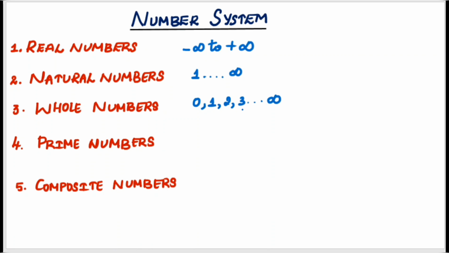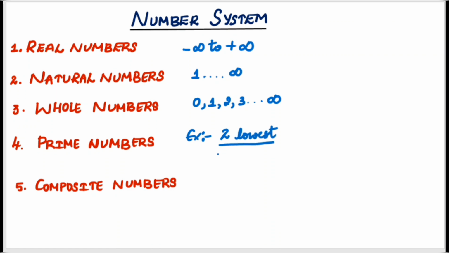Now, what are the prime numbers? Prime numbers are nothing but the numbers that have only two factors. Two factors in the sense, let us take an example. Under prime numbers, 2 is the lowest prime number. How do we say 2 is the lowest prime number?